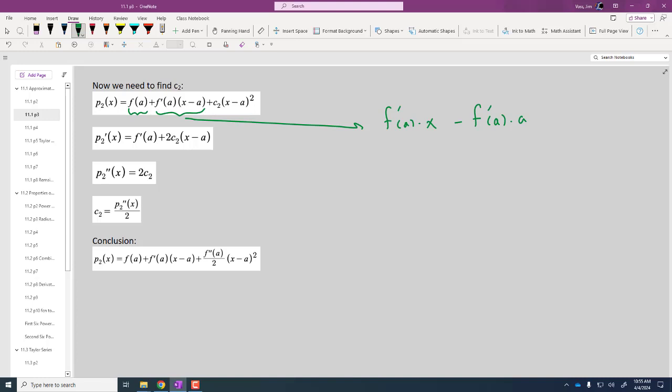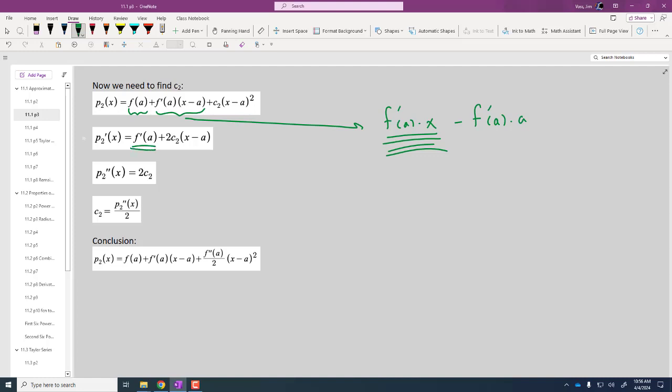All right, just distributing f prime of a. This whole thing is a constant. f prime of a times a is a constant, so its derivative is 0. This is linear. The derivative of a linear expression is just the slope. It's the number in front of the x. So the derivative of this middle term here is just f prime of a.